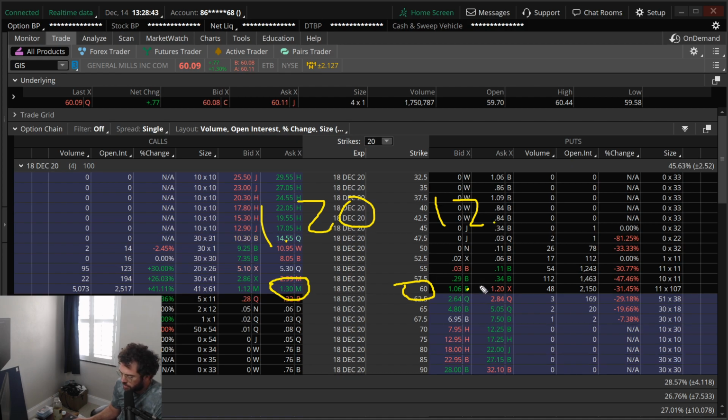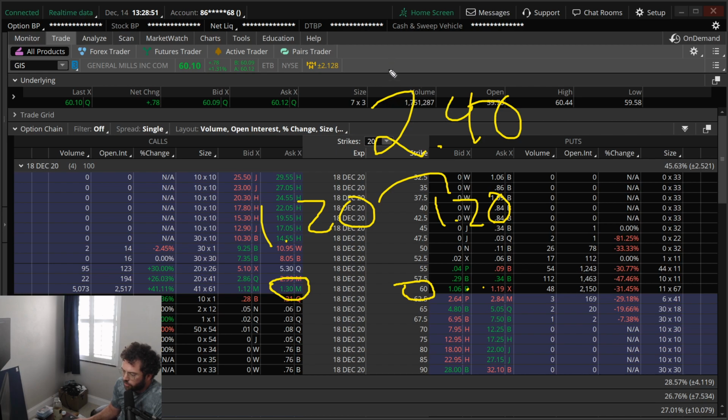Probably about 1.10 to be realistic. If we add it up, we get about $2.40. And if we look right here, this is implied volatility and the percent and dollar amount move per end of the week. Remember, there's still 4 days left before December expiration. So we're pretty much spot on.